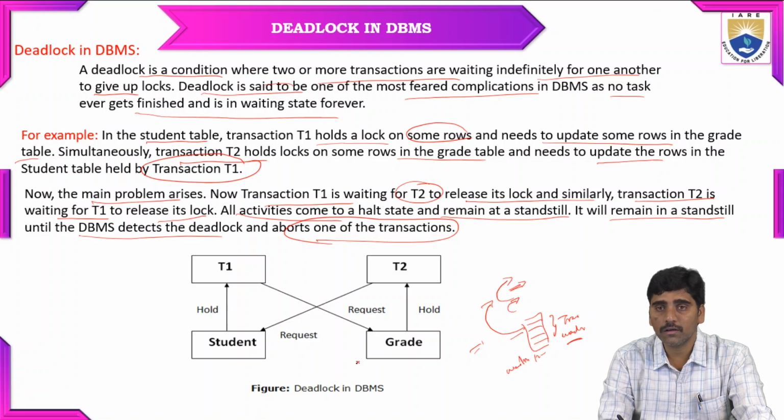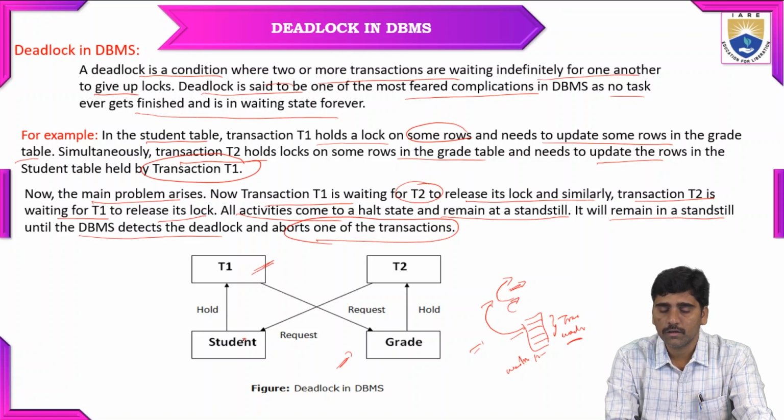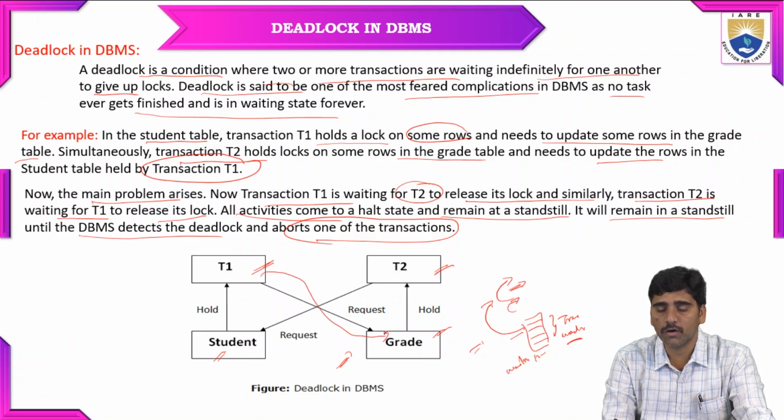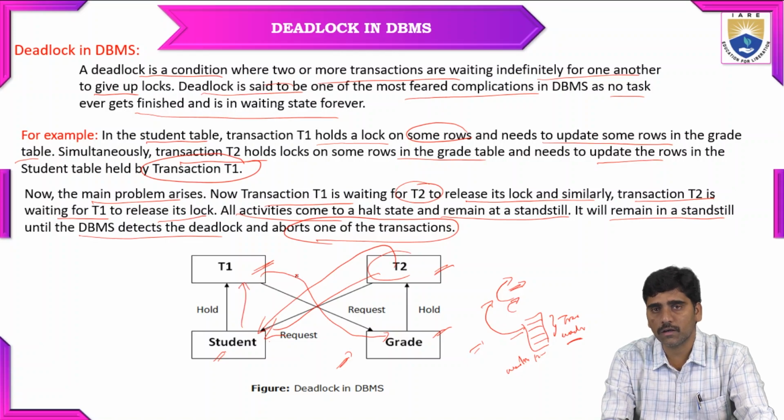Here the deadlock situation occurs. This diagram shows transaction T1 with the student table and transaction T2 with the grade table. Transaction T1 wants to update the grade of the student, but transaction T2 holds that table. For T1 to perform this update operation, T2 has to release that lock, but it is already held by T1.